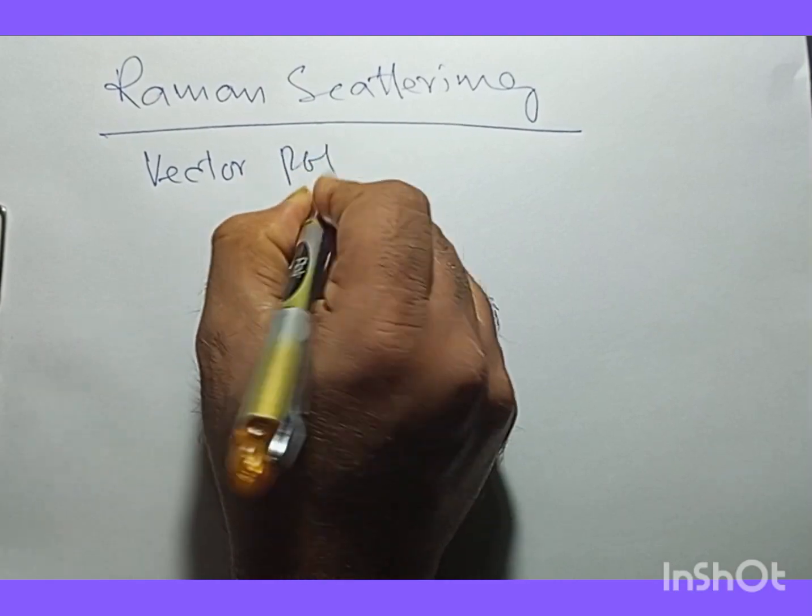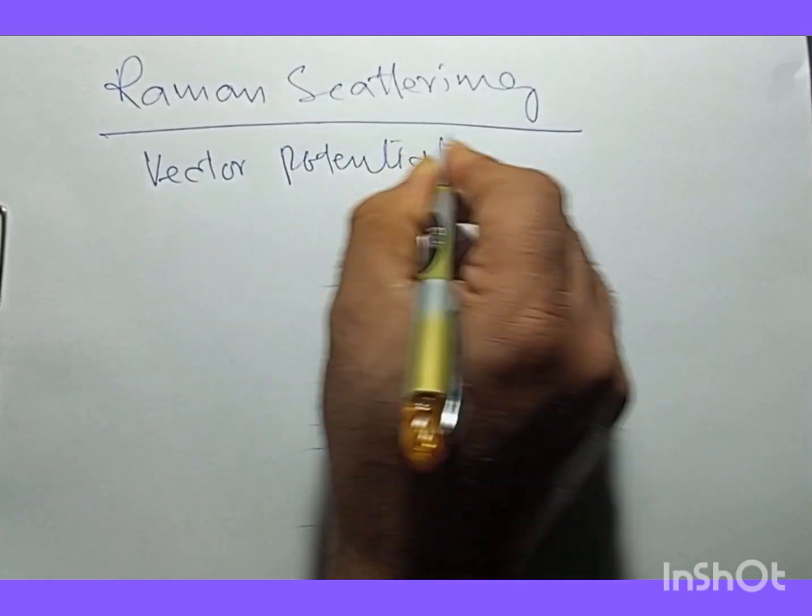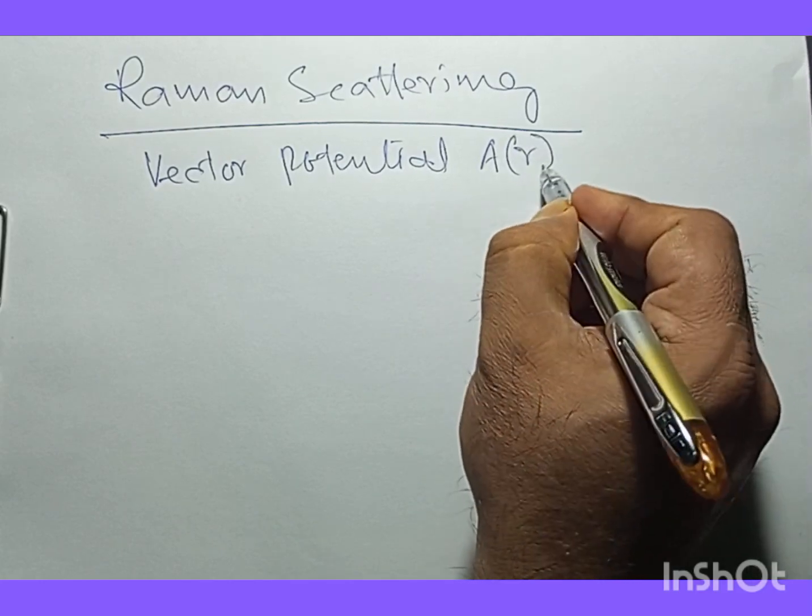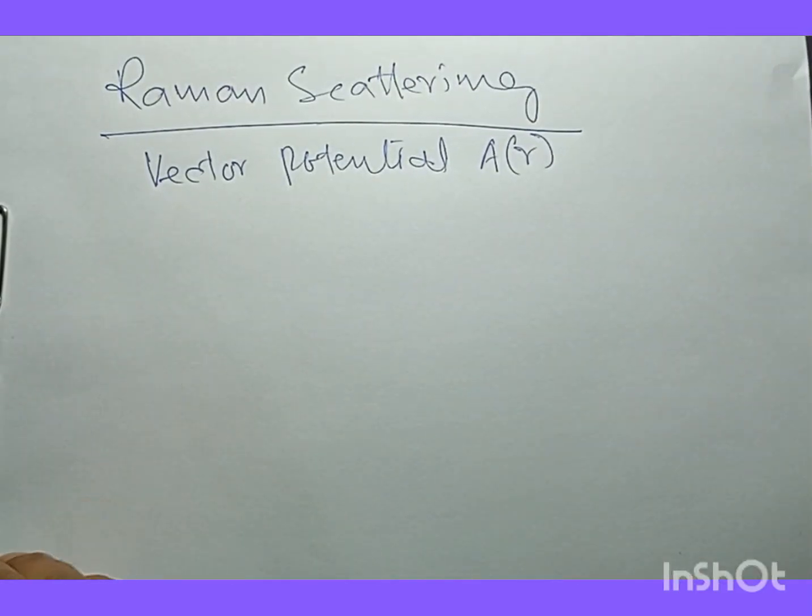The vector potential A, as a function of r, is a vector, and this is the vector potential of the electromagnetic field.